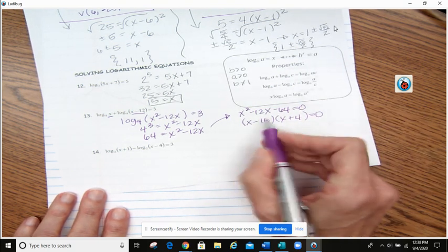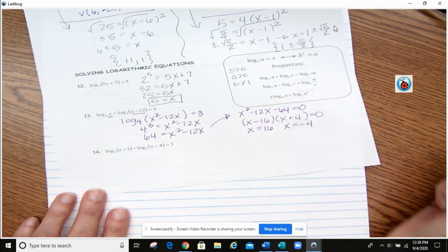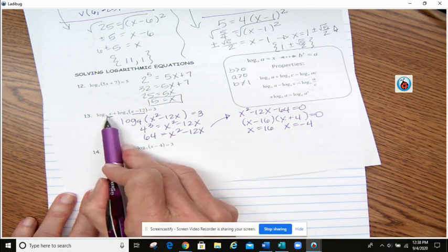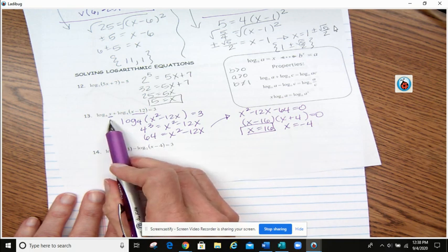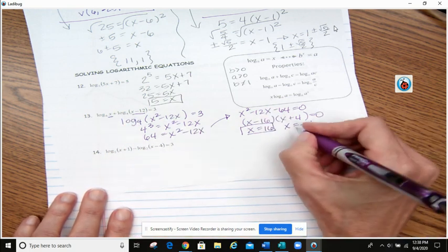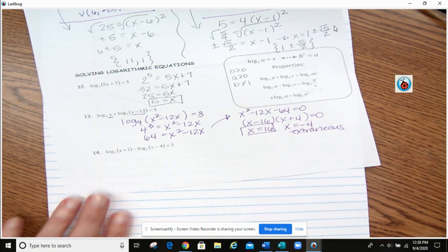And so when you set each factor equal to 0, you would get x equals 16 and x equals negative 4. 16 is good. It doesn't give you a negative number next to either of your logs. But the negative 4 is no good because it would give you log base 4 of negative 4 and log base 4 of negative 16. So that's extraneous. I only have one answer there.